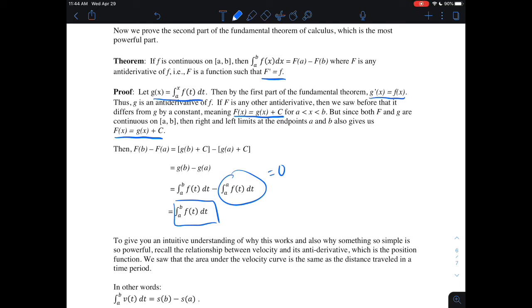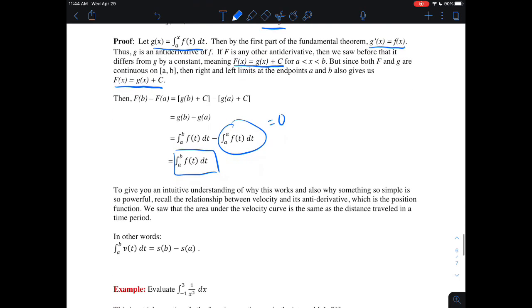So to give you an intuitive understanding of why this works, and also why something so simple is so powerful, remember what we saw about the relationship between velocity and its antiderivative, which is the position function. We saw that the area under the velocity curve is the same as the distance traveled in a time period. We saw that in section 5.1.